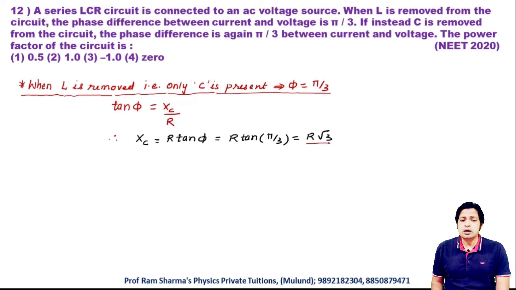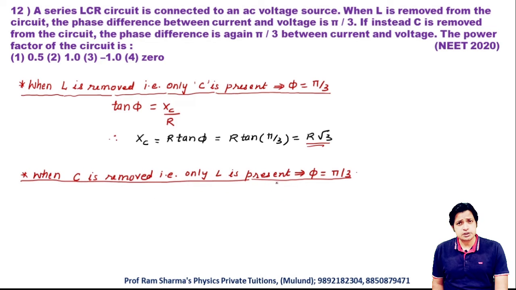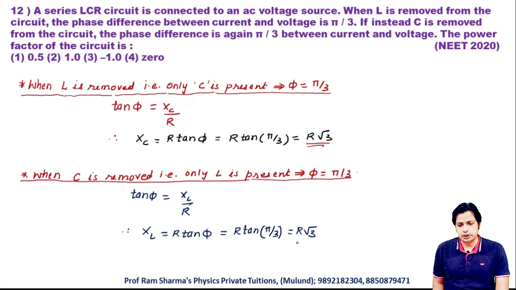XC is R root 3. Now they gave one more situation, that when capacitance is removed, that is only when L is present, then also the phase difference is equal to pi by 3, and I will get the same answer again. XL also is equal to R root 3. So it is very easy: XL is equal to XC, and we know whenever XL is equal to XC, it is resonance, and in resonance the phase difference between the current and the voltage is always equal to 0.